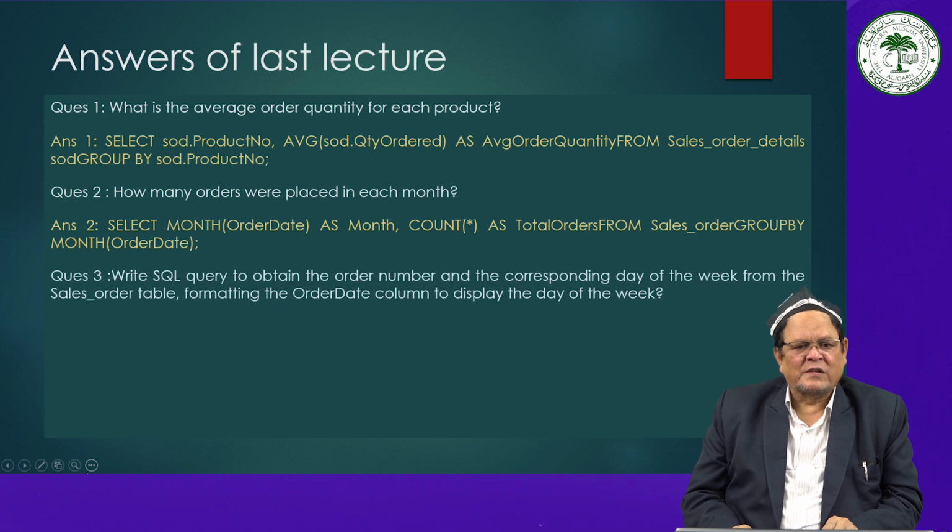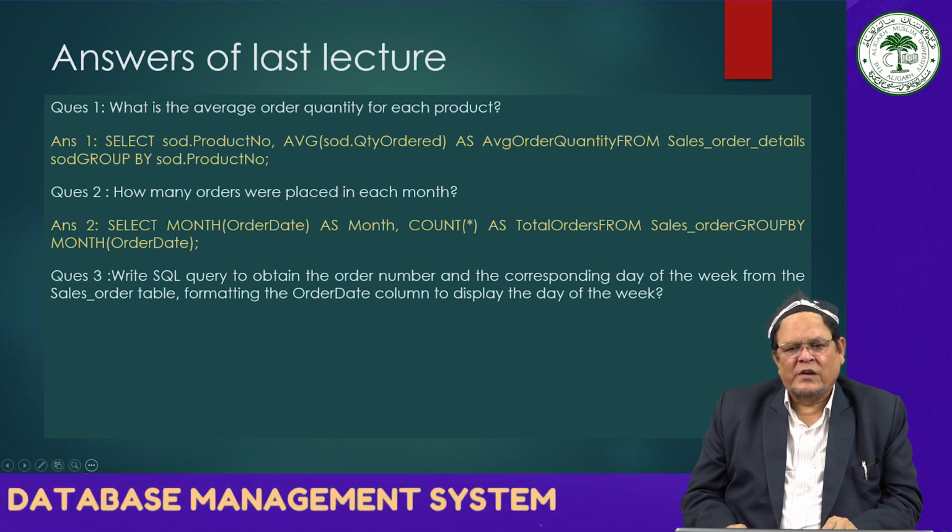The next question was, write an SQL query to obtain the order number and the corresponding day of the week from the sales order table, formatting the order date column to display the day of the week.